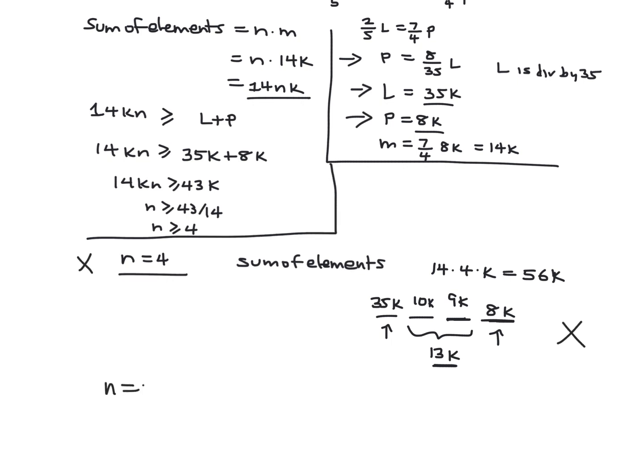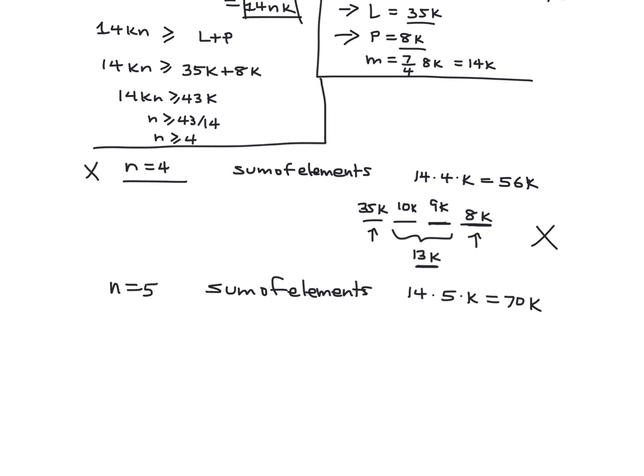Okay, let's try n equals 5. Let's see if we can make it work. Sum of elements this time, same thing, using that formula, would be 14 times 5 times k, which is 70k. Okay. So now let's see if we can find 5 elements that make this work.